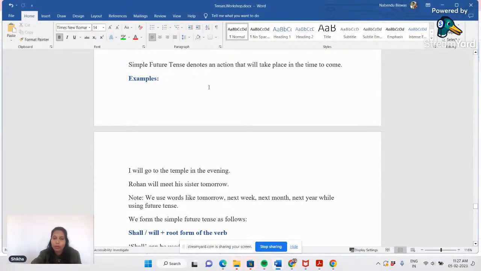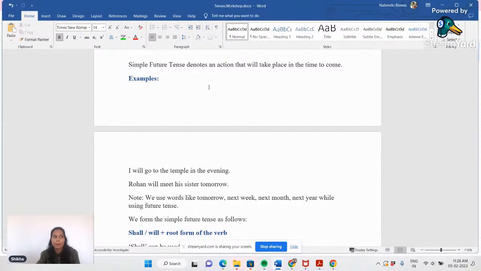So if you are talking about the present moment and if you are using will, that means it's a wrong sentence. You might say that you know everything about tenses, but while speaking you are not implementing it correctly. Every time if you are using will, that is wrong.